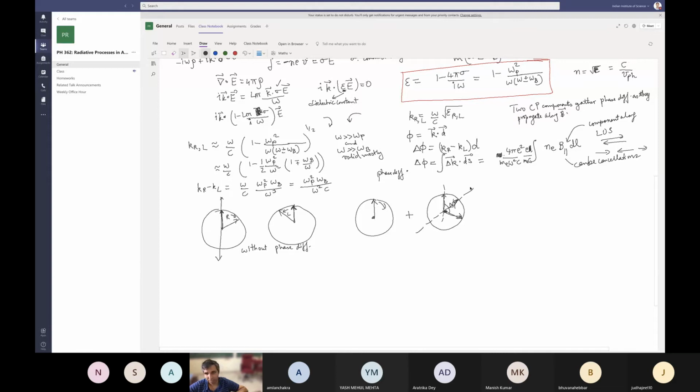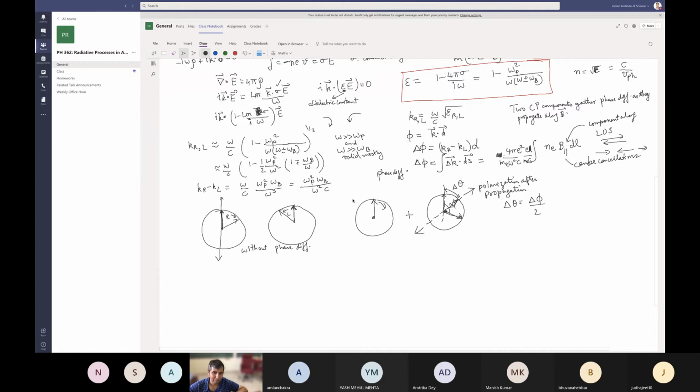Now this is the plane of polarization, and this we can actually call polarization angle, delta theta. Polarization after propagation. So basically delta theta is equal to delta phi by 2.